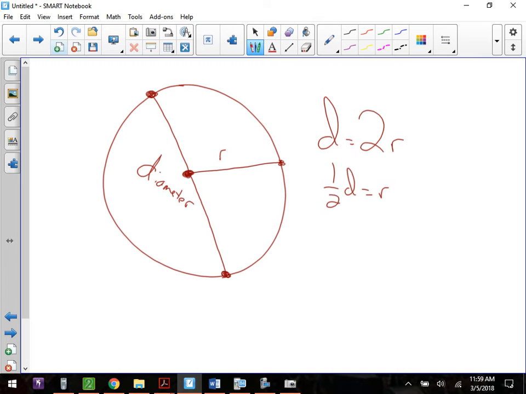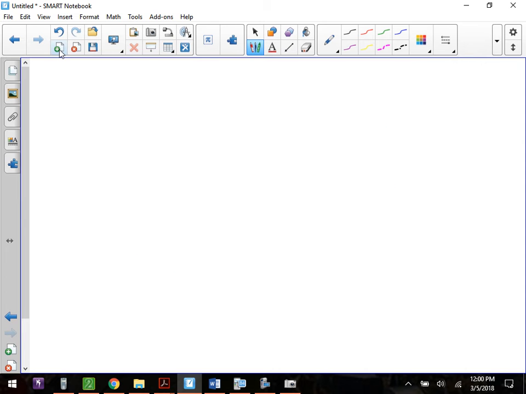And if your diameter is 12, your radius is 6, and so on. This wasn't anything crazy. Now, in order to find the area of a circle, do you remember what you had? What was the area of a circle? What do you think? Well, all right, let's go back to this then. Let me show you this.